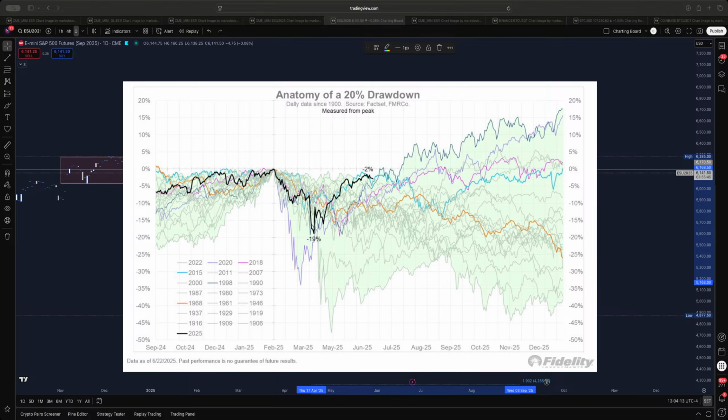All the other years in history, prices navigated lower. In 2015, as you guys can observe in light blue, prices retraced back 10 to 15%. The orange one from 1968 presented a decline of negative 55%.